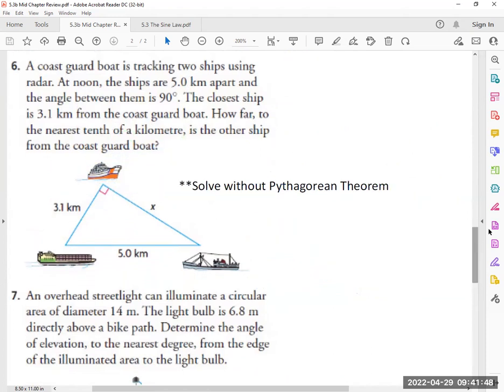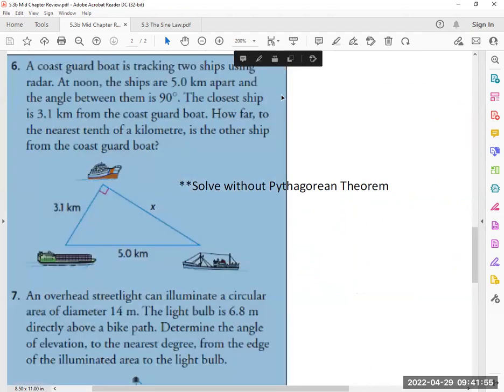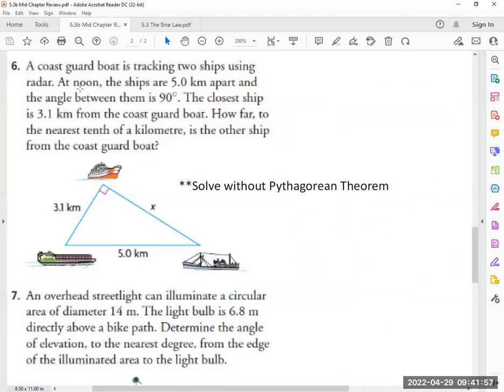So take a look. I'm not doing this, but I just want you to identify it. A Coast Guard boat is tracking 2 ships using radar. At noon, the ships are 5 kilometers apart. So that's this ship and this ship. And the angle between them is 90 degrees.